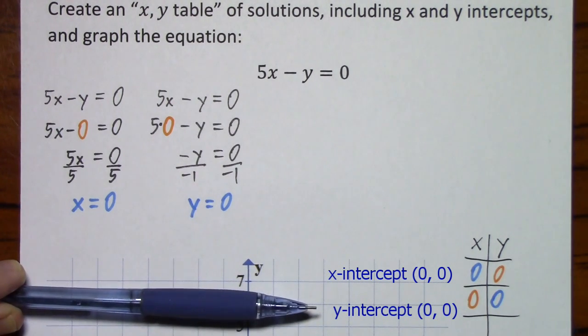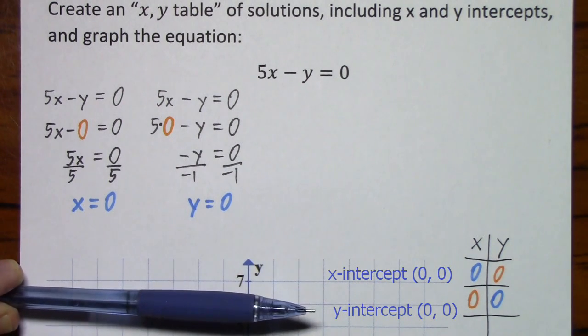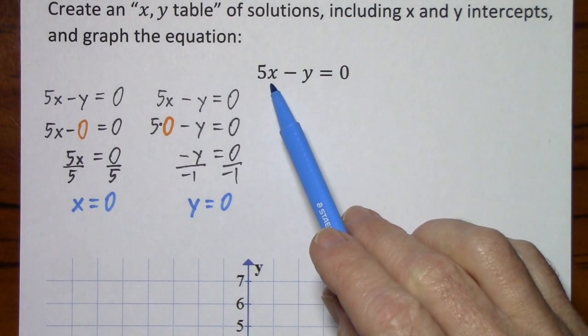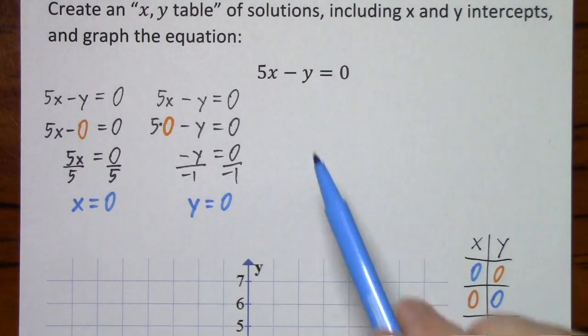We've really only found one point. So I'll pick an x value. Let's say x is 1, and we'll see what y is.